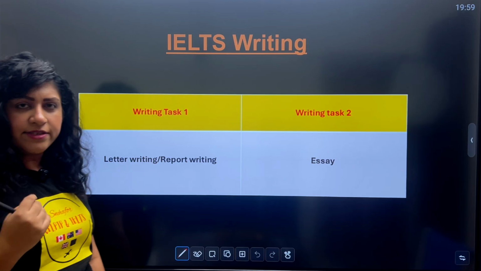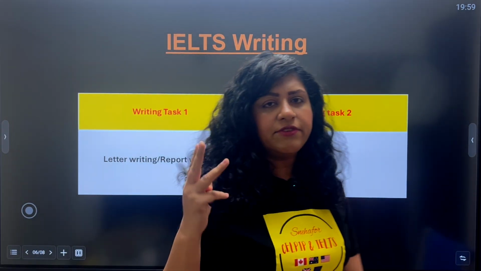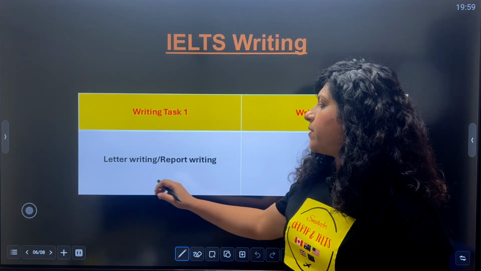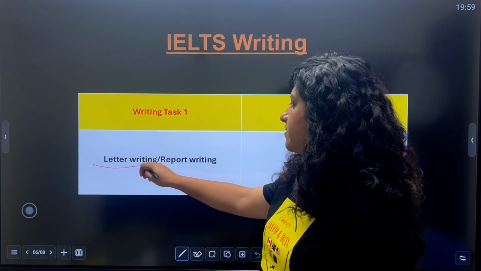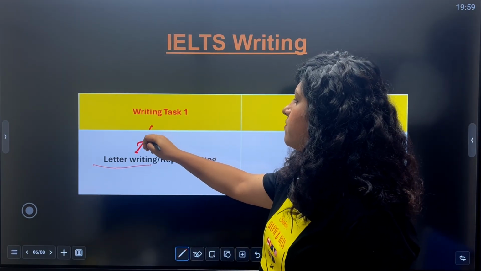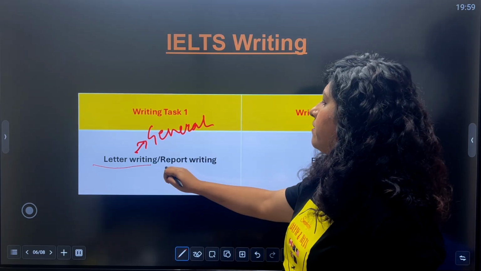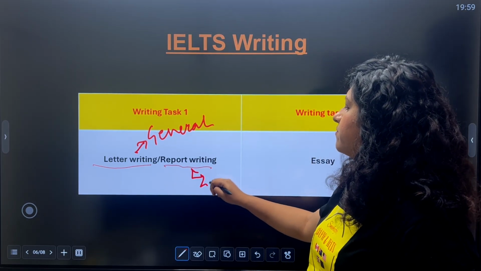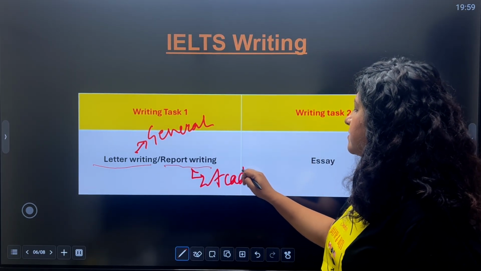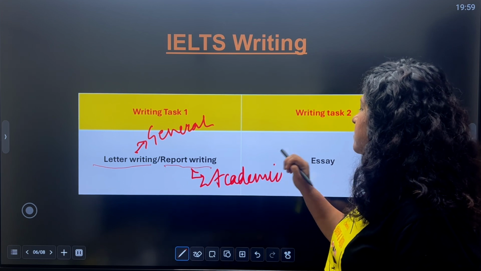Third is writing. Now in IELTS writing we have 2 tasks. Task 1 is a letter writing in case of general IELTS and a report writing in case of academic IELTS. This is task 1.